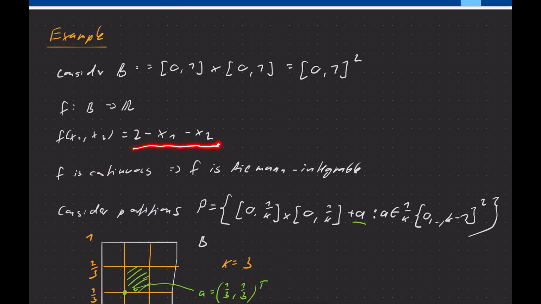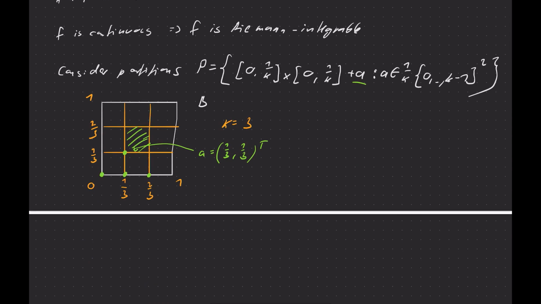So it decreases as x1 increases, and it also decreases as x2 increases. And that means if we look at a box like this one here, the minimum value of f will be attained in that corner here, right? So where x1 and x2 attain their maximal values, that's where the function f attains its minimum.